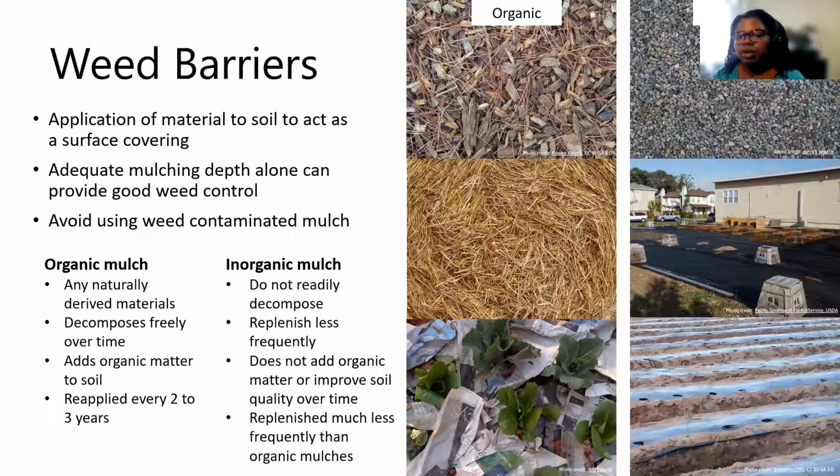Weeds tend to grow where bare soil and water are available. The way mulches work is they limit the amount of sunlight reaching the soil surface. Most of the weeds in your garden that are going to germinate and establish are within the top 2 inches of the soil profile.